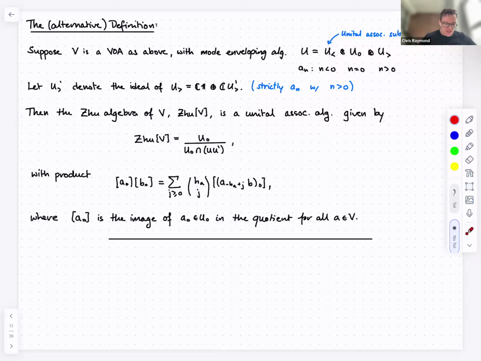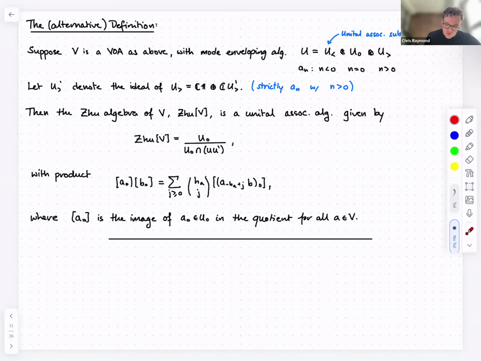I still want some nice VOA, N-graded, and finitely strongly generated. Now, what we get with that is some enveloping algebra of modes, some nice unital associative algebra that I can call U, and I have some nice decomposition, which is essentially my PBW theorem, that's telling me, okay, here I have the A_n where n is less than 0.